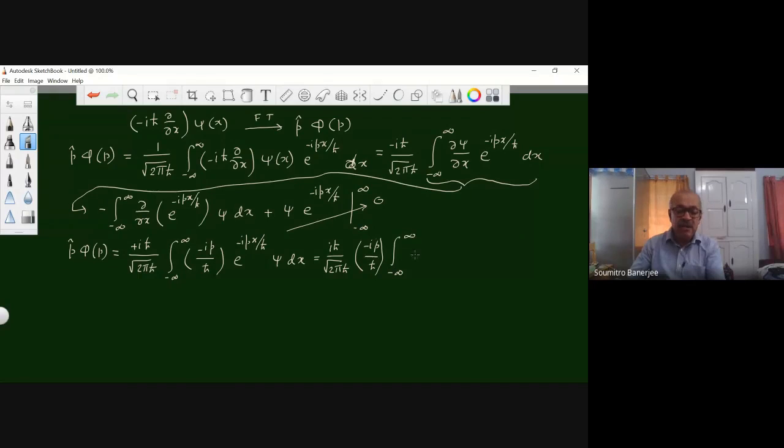What remains is nothing but a Fourier transform of psi, e to the power minus i p x by h cross dx. So this is equal to, I can see that minus i minus, so it gets plus, h cancels off, so effectively it becomes p times phi. Simple.